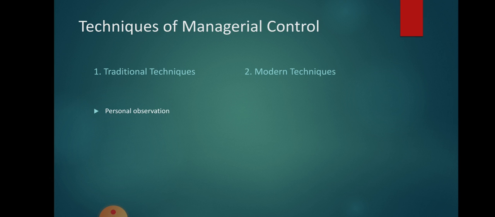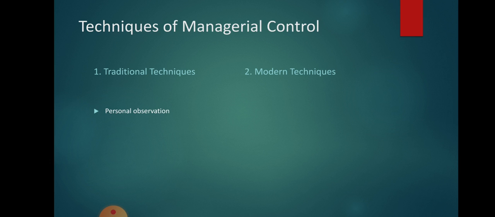Still today these techniques are followed. They are not outdated or obsolete, they are in practice till today. They are used from a long time, that's why they are called traditional techniques. And modern techniques are adopted in recent years, that's why they are modern techniques.